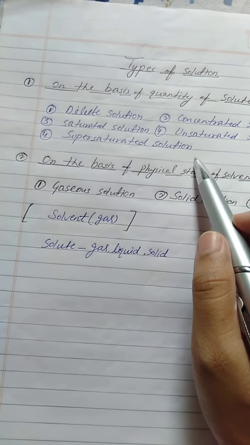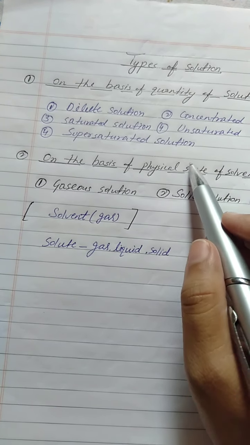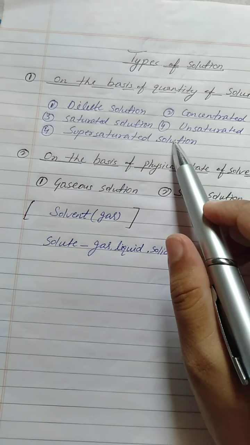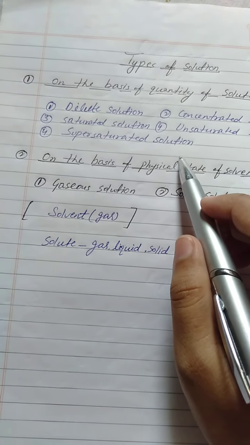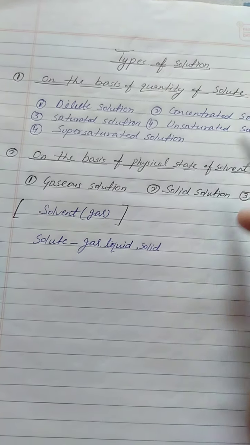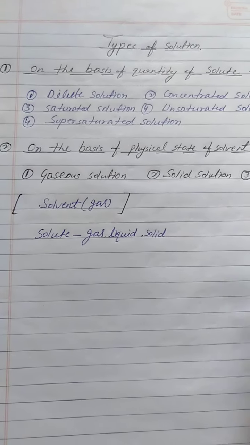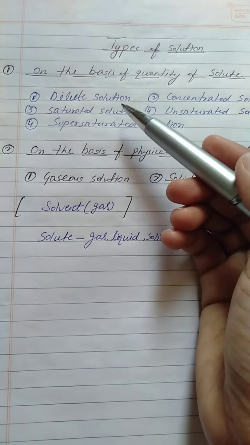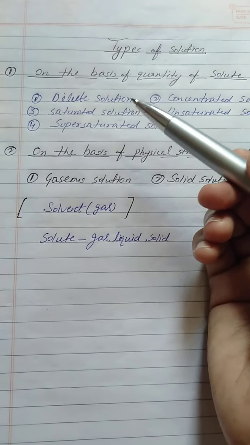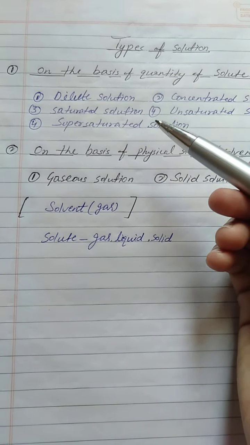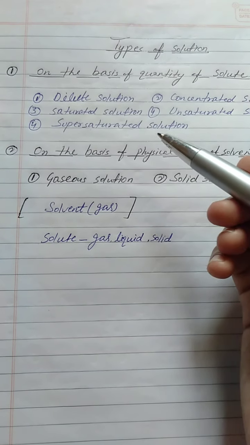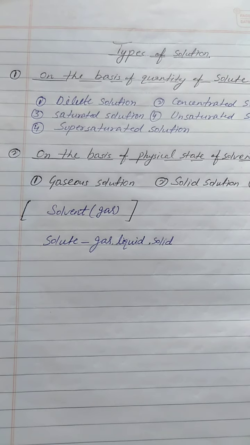A dilute solution is that type of solution in which the solute is present in very low amount as compared to solvent.